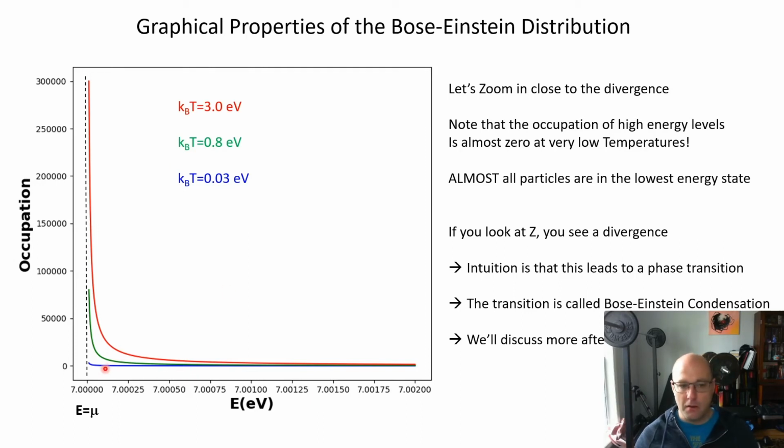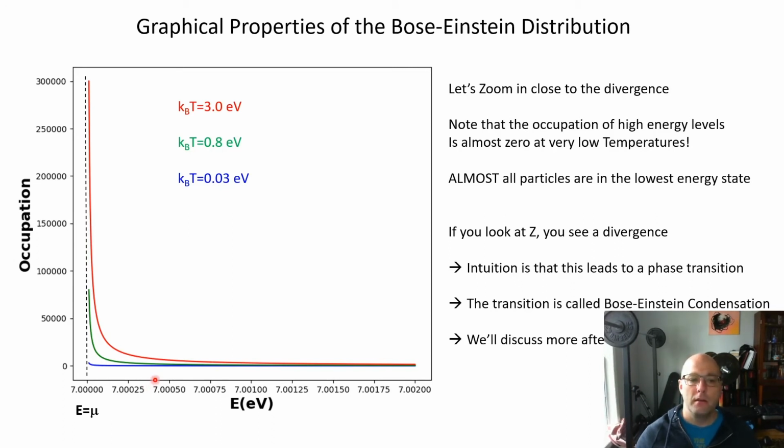Look at the blue curve. In the blue curve, there's almost no occupancy, even kind of close to the divergence over here. You just see a slight upturn, right? And what that's telling you is really all of the particles at low temperature are just falling into this lowest energy level, right?